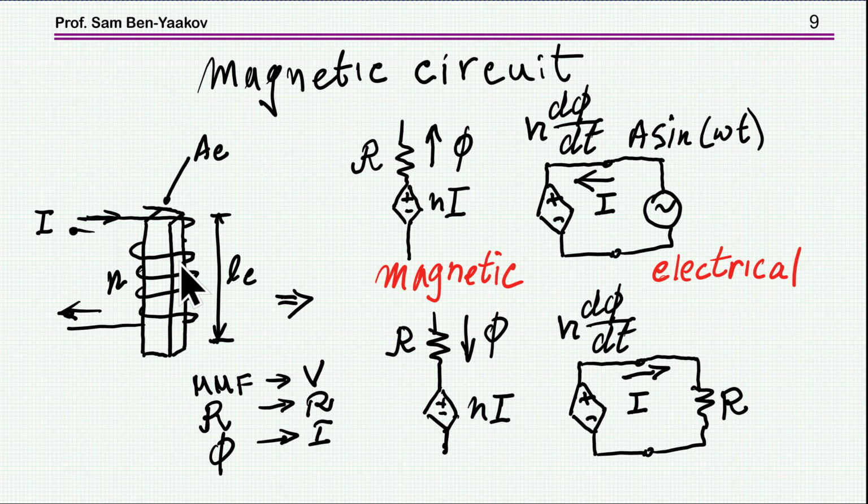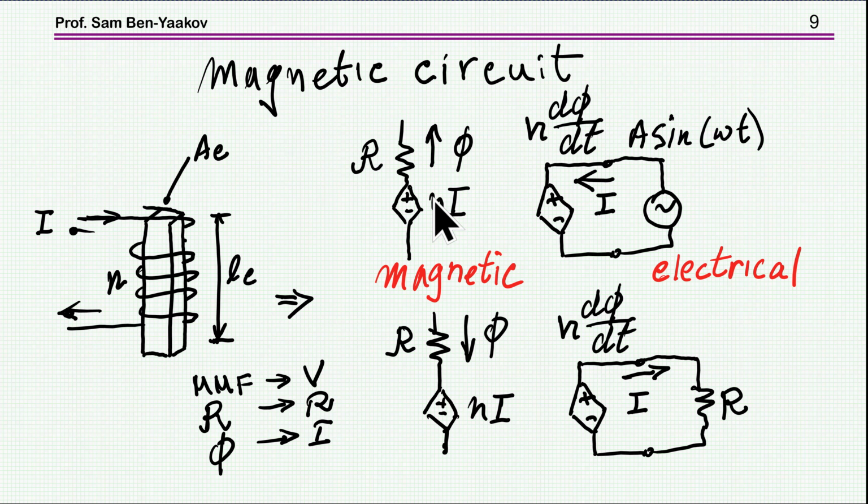I'm showing here a ferromagnetic piece, say ferrite, which has a certain magnetic length, certain cross-section area, certain number of turns, and this then can be emulated by this electrical circuit.